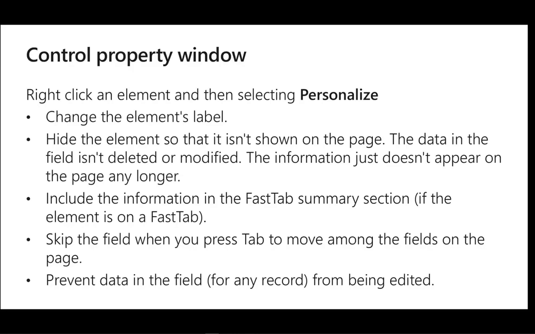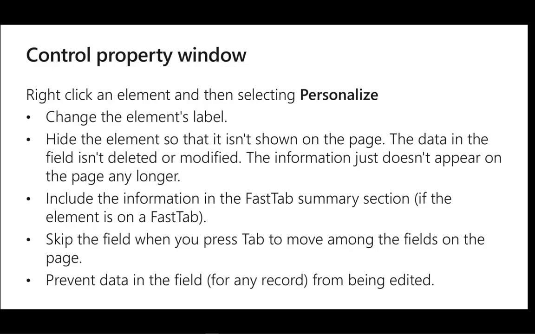We also can add information by including the information in the fast tab summary section. Also, we can skip a field when we press tab to move among the fields on the page if it is not needed for data entry, for example. We can lock data and prevent data in the field from being edited.